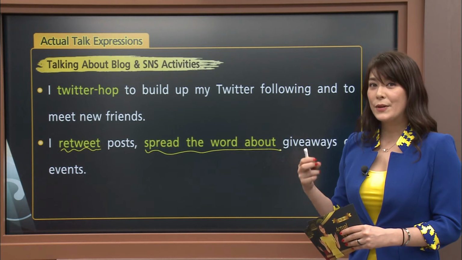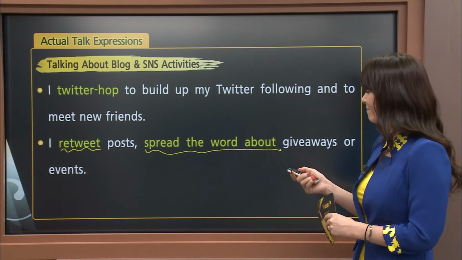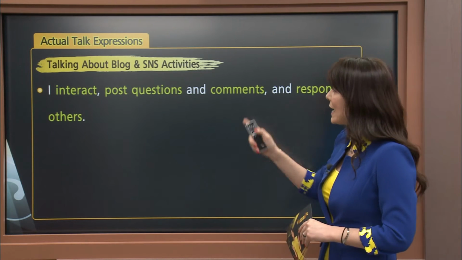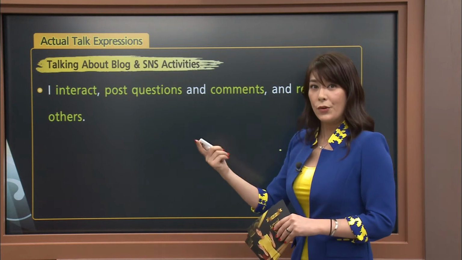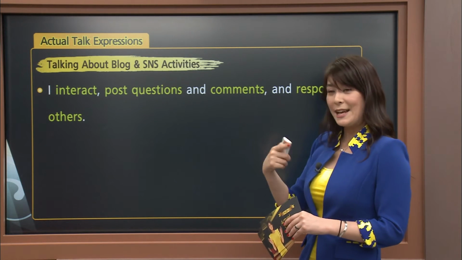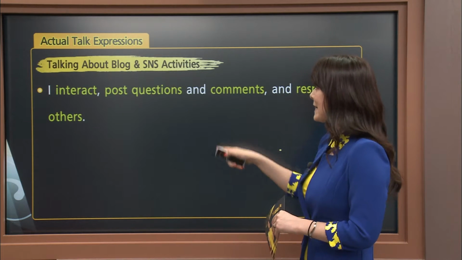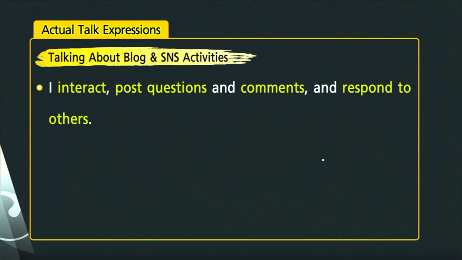You are giving others information on something, okay? Let's talk about some more activities. You can say, I interact, which means you communicate with others. Post questions and comments. Post meaning to put up, right? Okay, you're posting questions and comments and you respond to others as well. Respond to others' posts and comments.